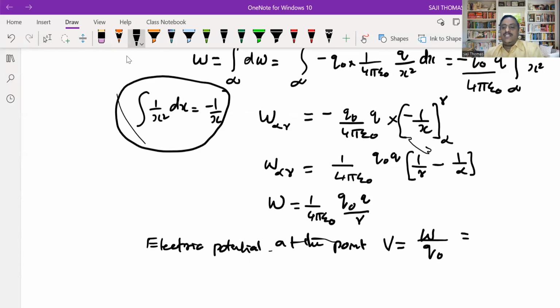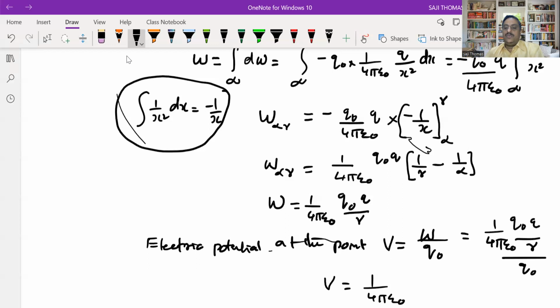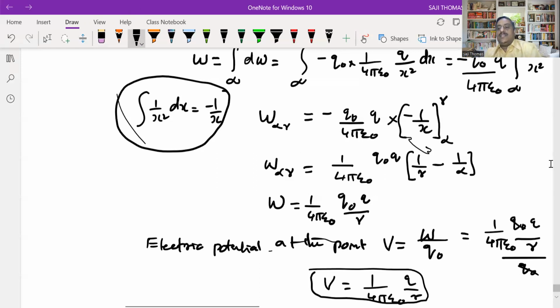So you have to divide this equation, 1 by 4 pi epsilon 0 q0 q by r, by q0. You are getting V equals 1 by 4 pi epsilon 0, q0 you can cancel. So what is the remaining? Q by r, 1 by 4 pi epsilon 0 q by r. So this is the equation for the electric potential at a point due to a point charge.